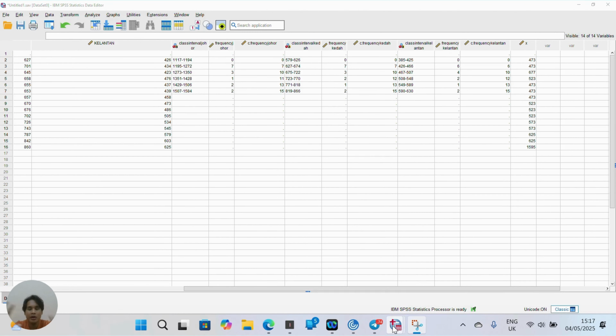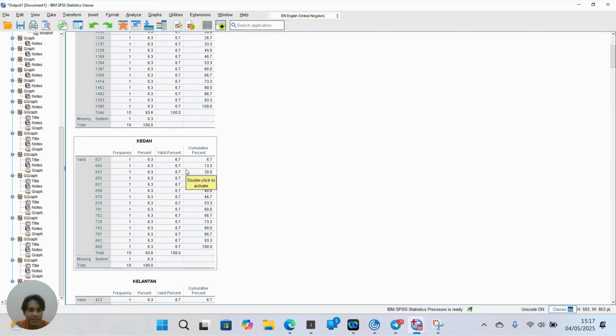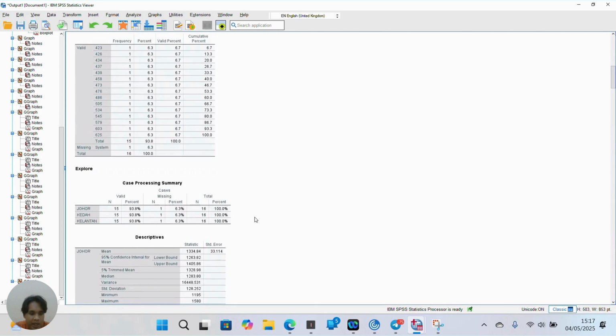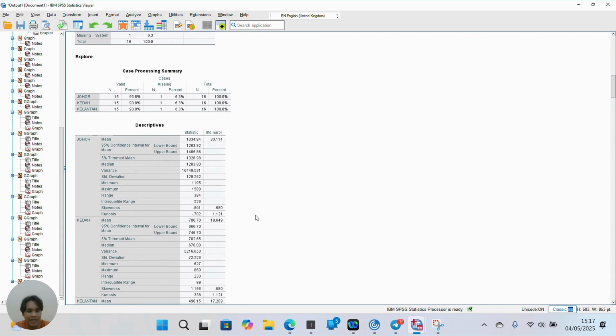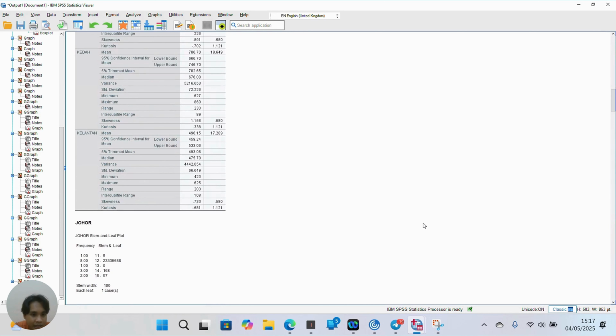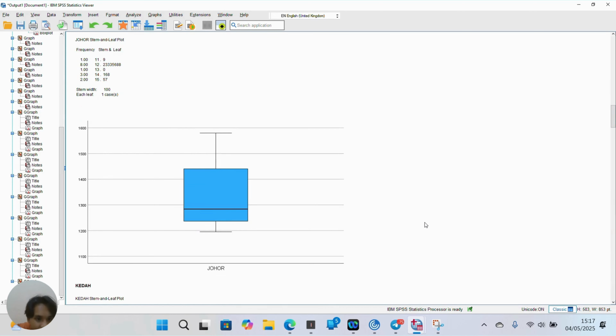So this is our attempt on SPSS software to do a calculation and obtain the required statistics, such as our frequency distribution table with the help of SPSS software. As you can see, we managed to do the calculation using this software, and we managed to get the mean, the standard error, and also the statistic.